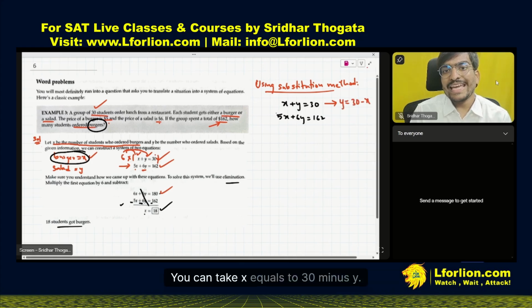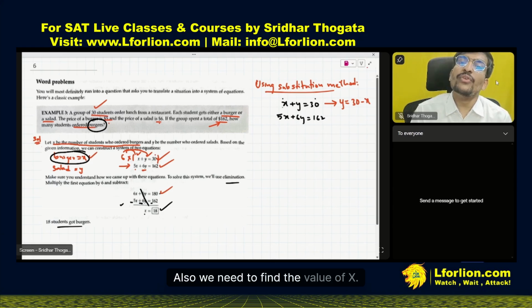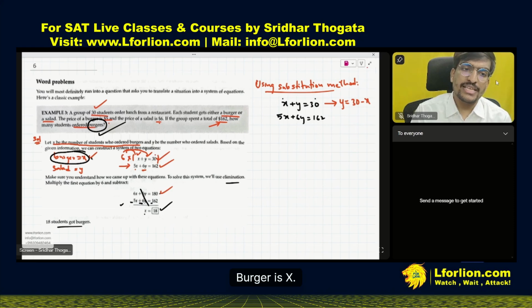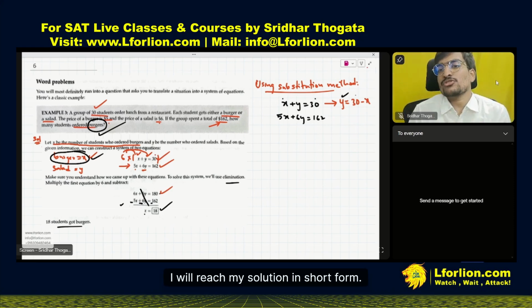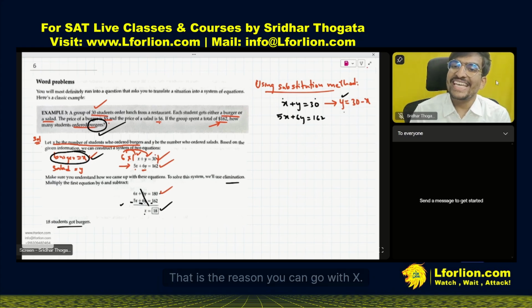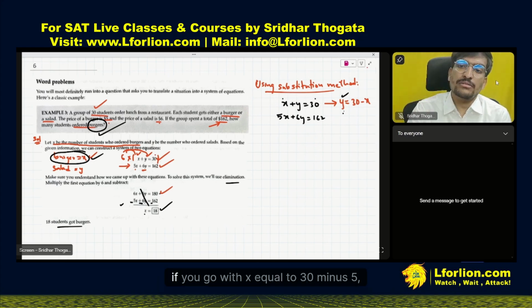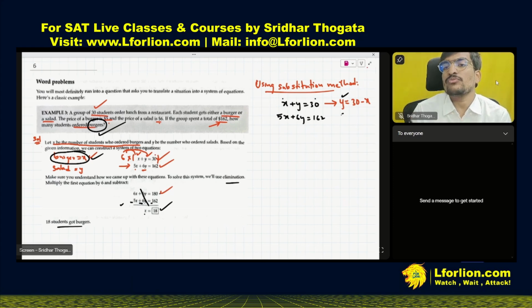You can take x equals 30 minus y also. We need to find the value of x, the number of burgers. Burger is x. So if I go this way, I will reach the solution in a short form. That is the reason. You can go with x also, but then you have to find y's value and come back. So I'm not doing that. I'm doing it a bit faster.